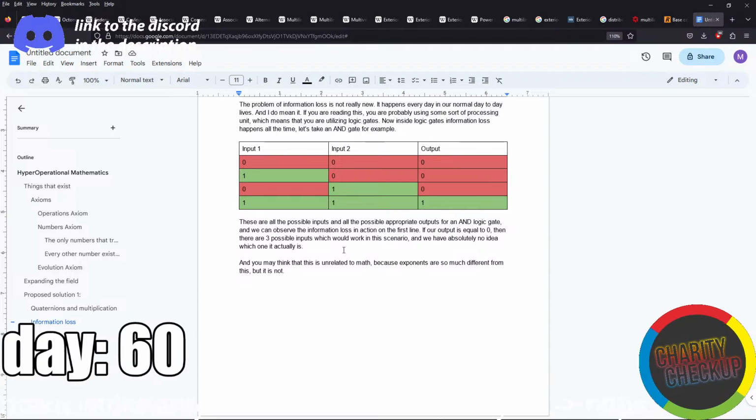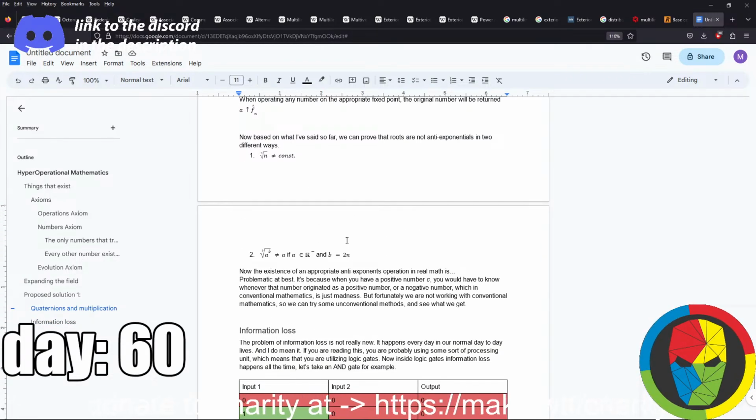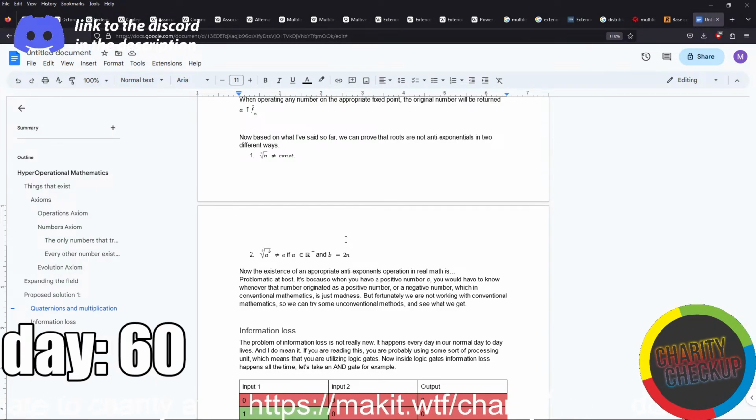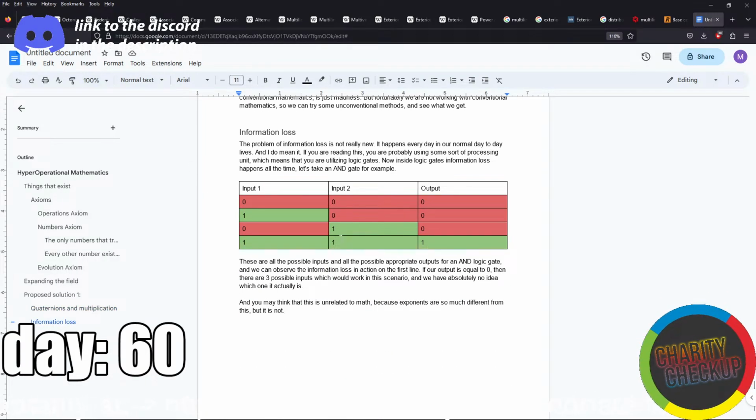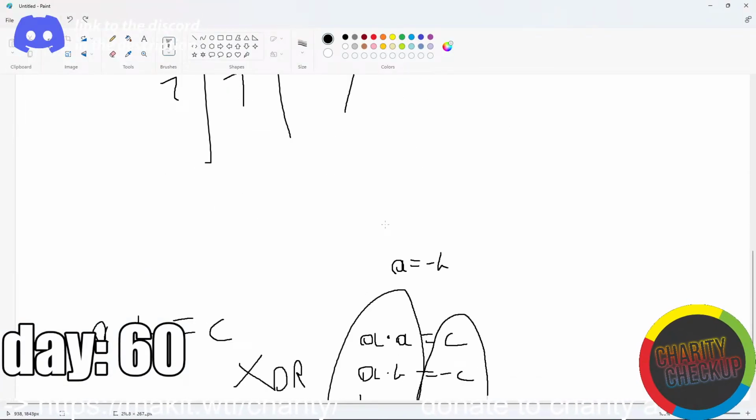Actually, now that I think about this, information loss can happen. Can it? We certainly can get information loss. Oh wait, wait a second. A light bulb just turned itself on in my head.